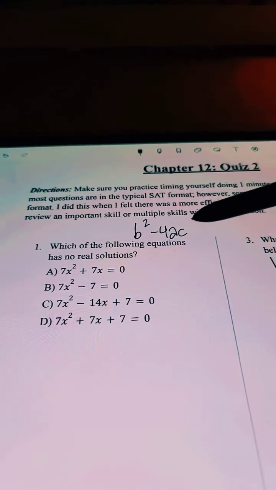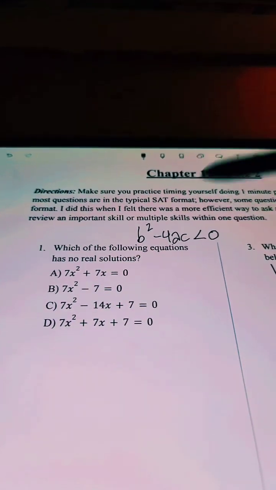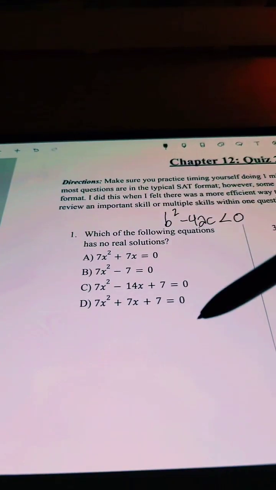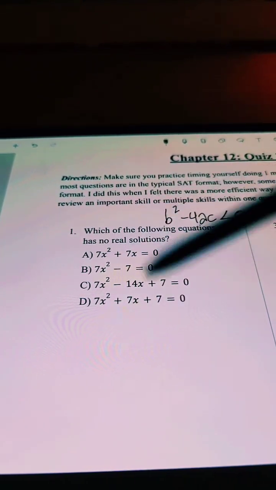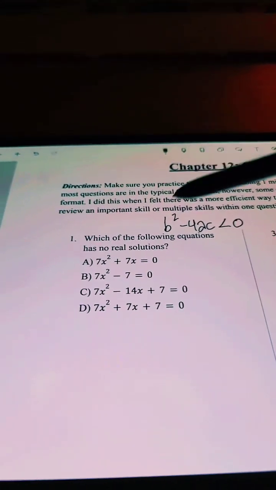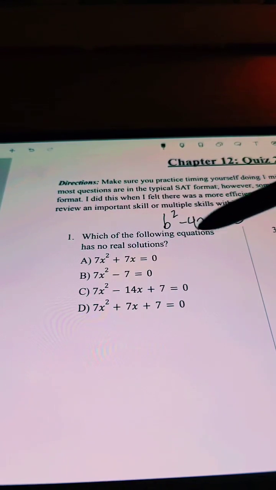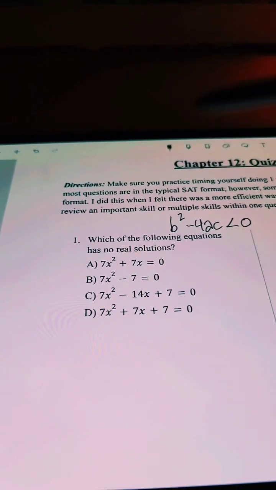When the discriminant equals a negative value, a value less than 0, that's when you have no real solutions. Once you have a quadratic set equal to 0, which it's already nicely done for you here, you determine what A, B, and C are. Then once you plug those in, if it's less than 0, it's no real solutions.